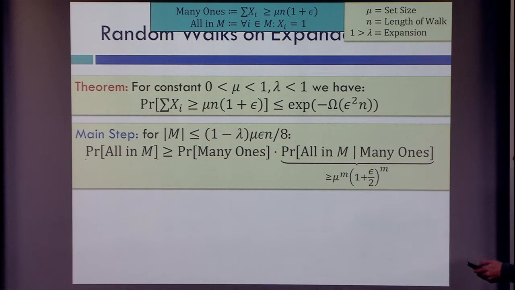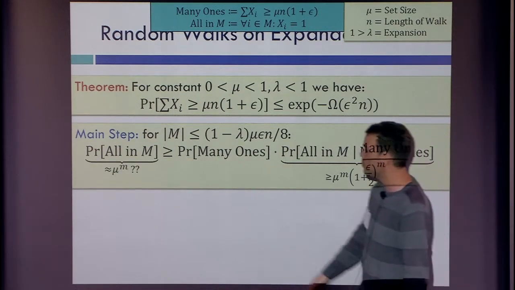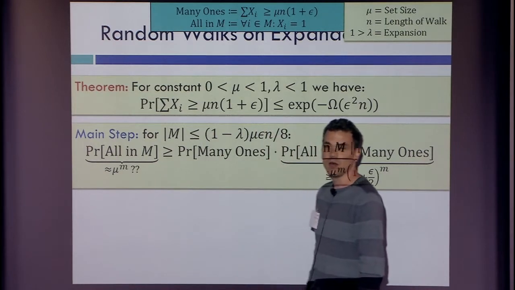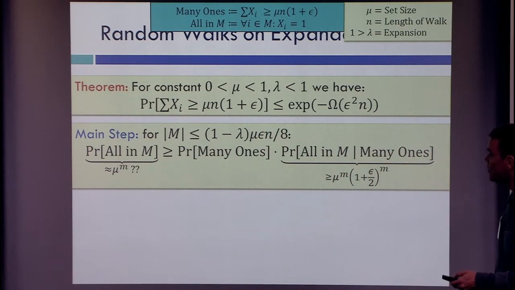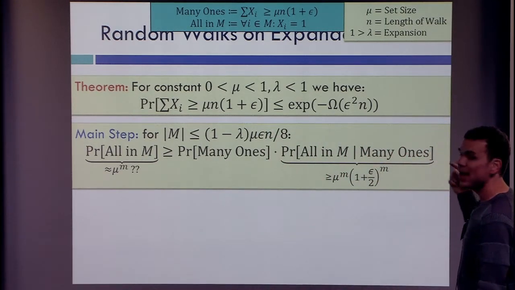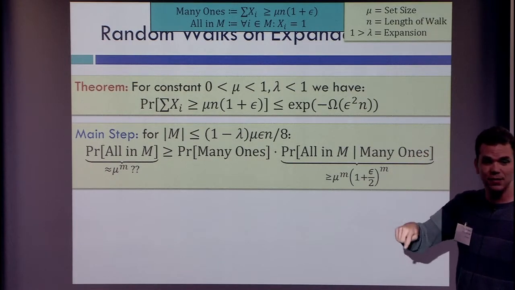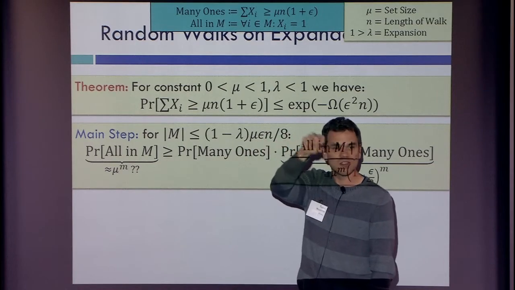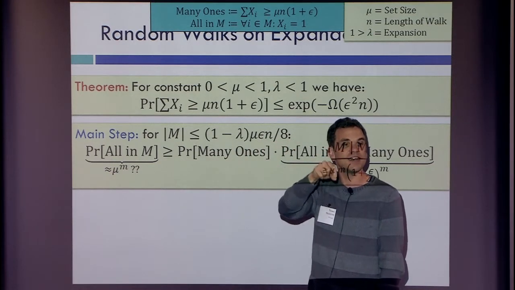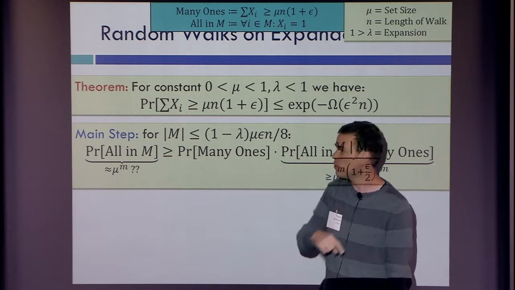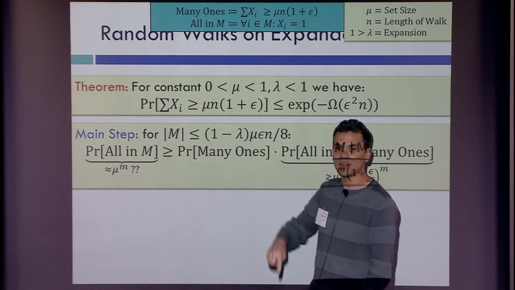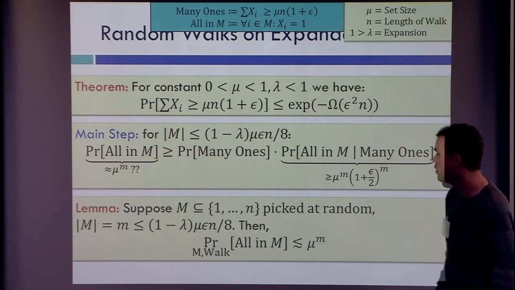So the only thing we have to worry about now is the probability that everything in M is 1. The setting here is we make a walk on an expander, and we uncover some of the steps, and we look, are we in the set in these steps? What we want to show is that the probability that all of these are in the set is not too big.